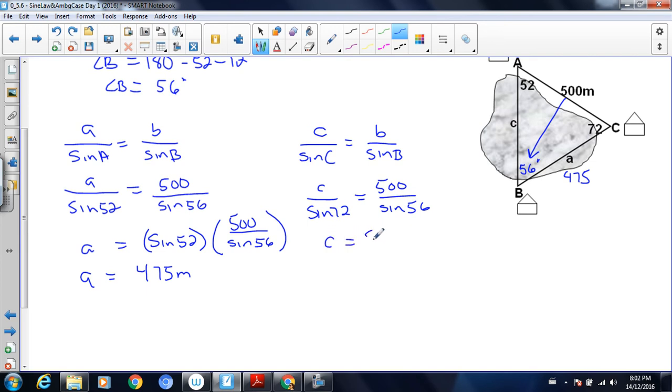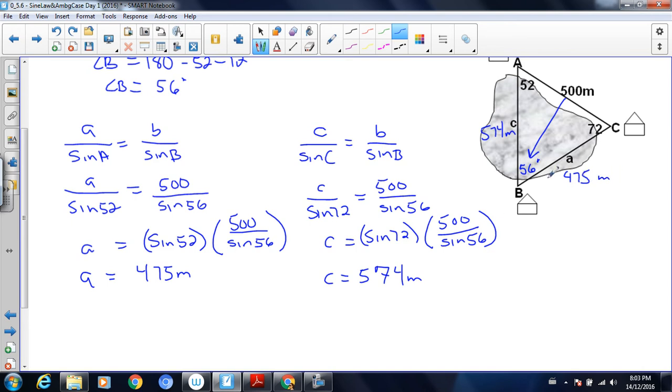So C is equal to sine of 72 multiplied by 500 over sine of 56. So when you calculate that, you should get 574 meters. So side C is 574. Now, this is meters and this is meters.